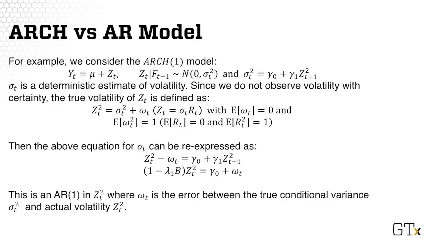Similarly, if Z_{t-1} squared is unusually small, then sigma_t squared is small, and Z_t squared is also expected to be small, and so forth. Because of this behavior, unusual volatility in Z_t tends to persist, but not forever.